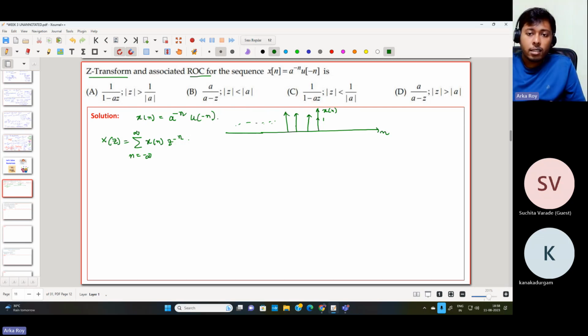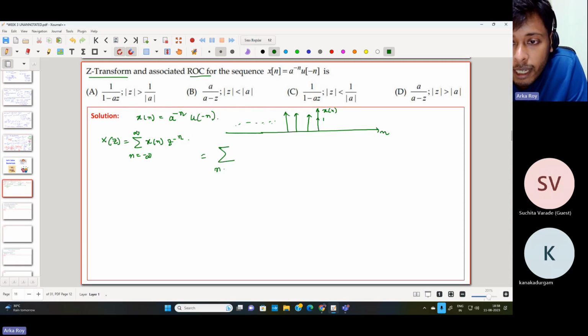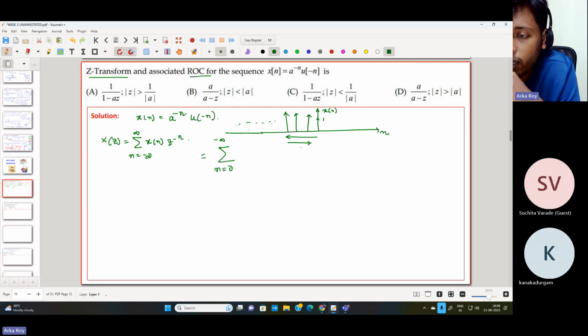But it is a left-sided sequence, that is for sure. Now I can write it as n equals 0 to minus infinity. Summing the signal from this way to this way or this way to this way will effectively end up with the same result.